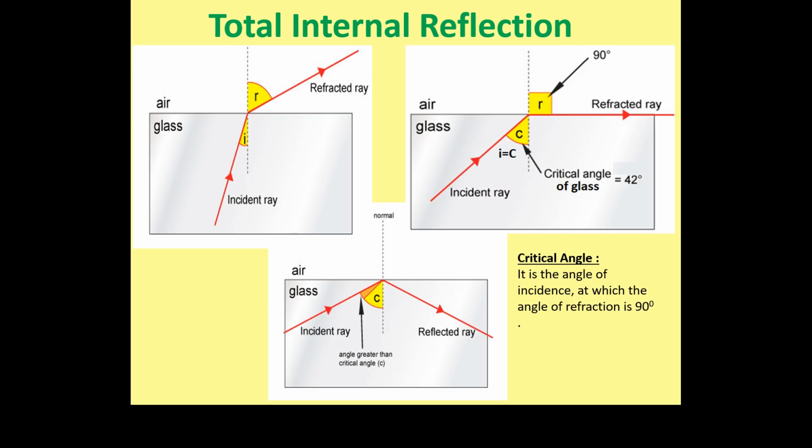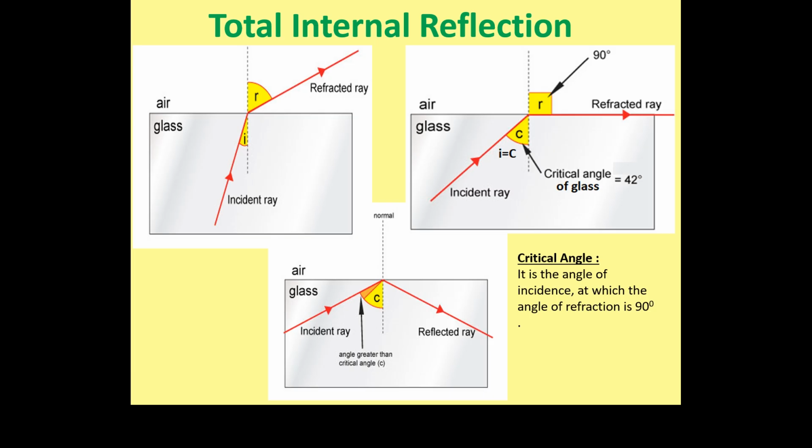Then in image 3, we can see that the angle of incidence is increased further, greater than the critical angle. So here the angle of incidence is greater than the critical angle. Therefore, instead of refraction, there is no possibility of further refracting, and the light ray comes back into the same medium, the denser medium.